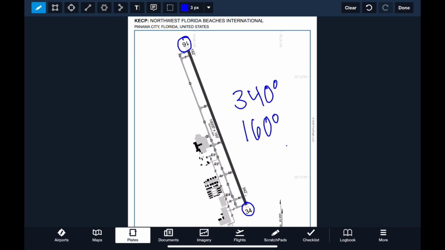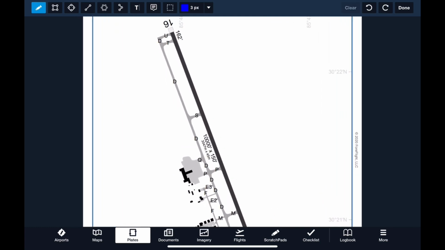Now, what do these degrees actually mean? So when you think of a compass, you think of north, east, south, and west. These are cardinal headings. North, east, south, and west.